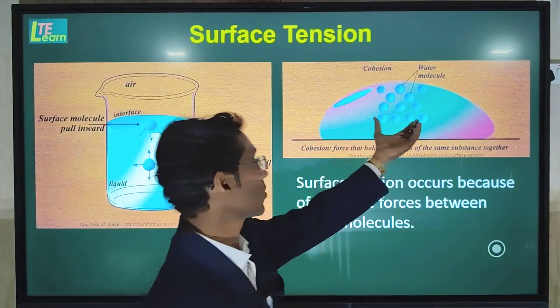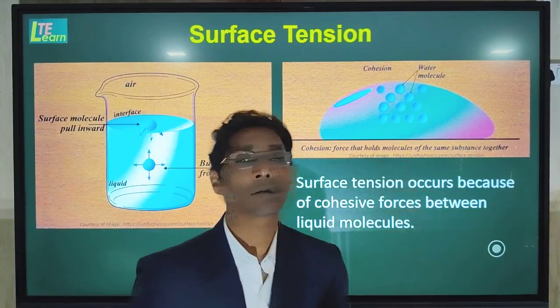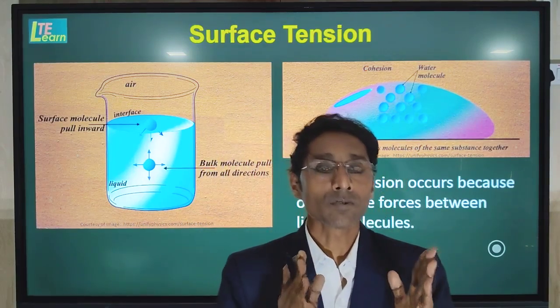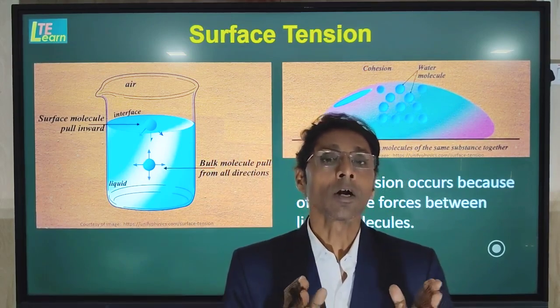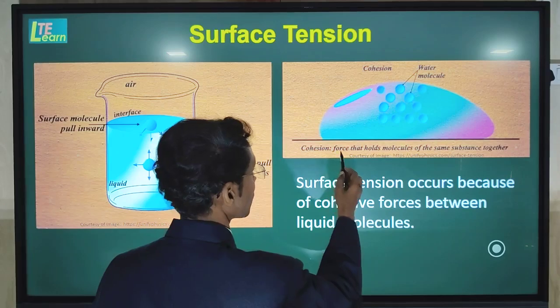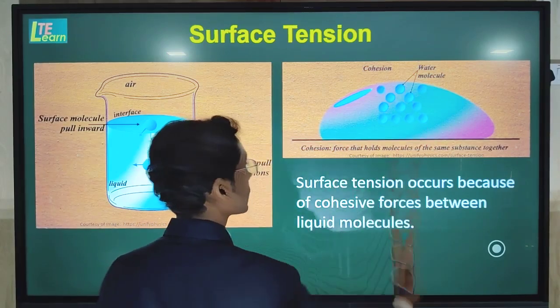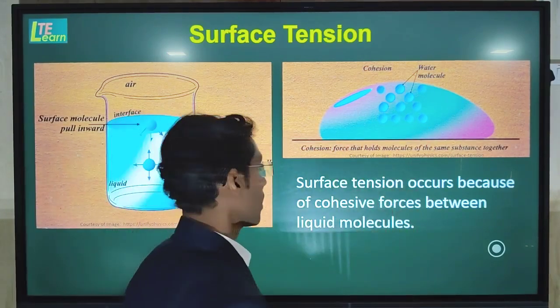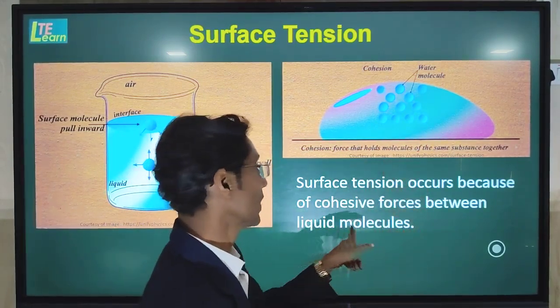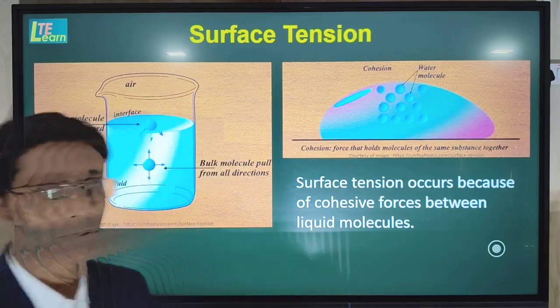These molecules are held together because of cohesion, a force of attraction among the molecules of the same substance. So cohesion is a force that holds molecules of the same substance together. Surface tension occurs because of cohesive forces between the liquid molecules.